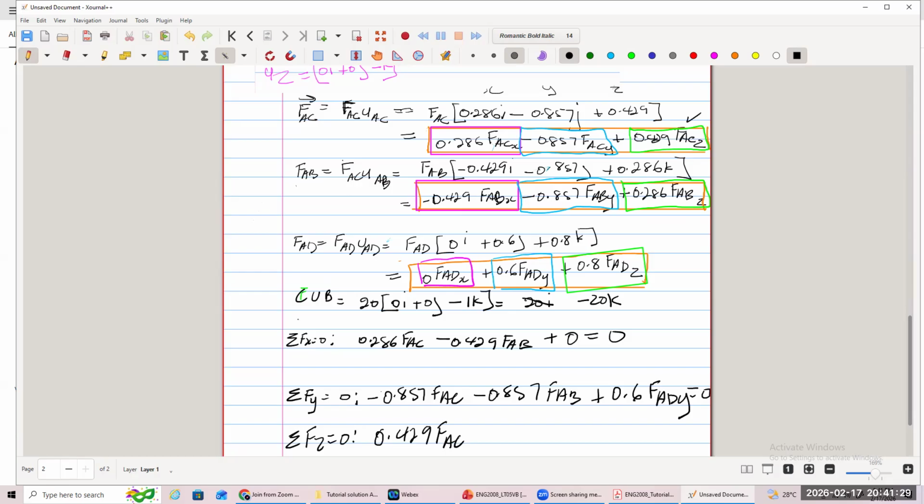Then the next one would be, is it plus 0.286 F AB? And the last one would be plus 0.8 F AD. Right? Did I put y on that? You don't have to put any y there. Let me just take off the y.